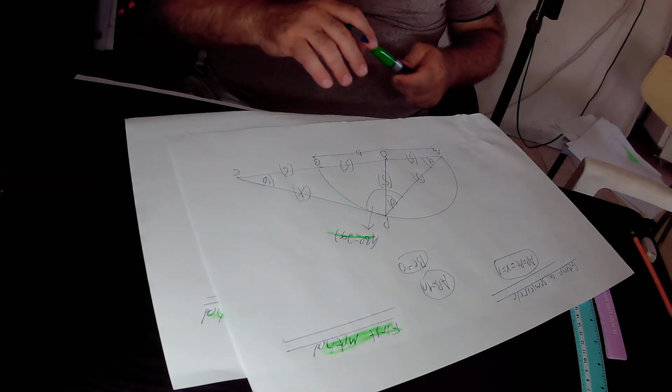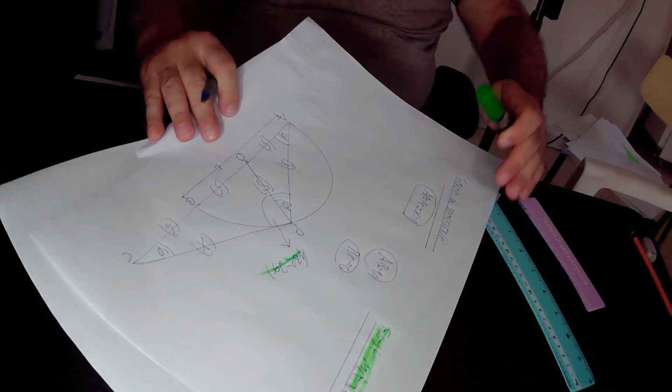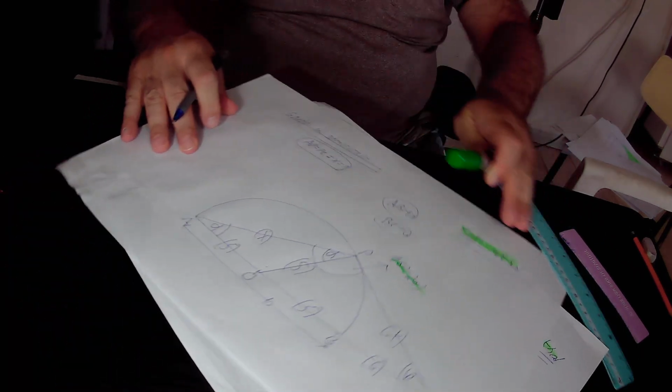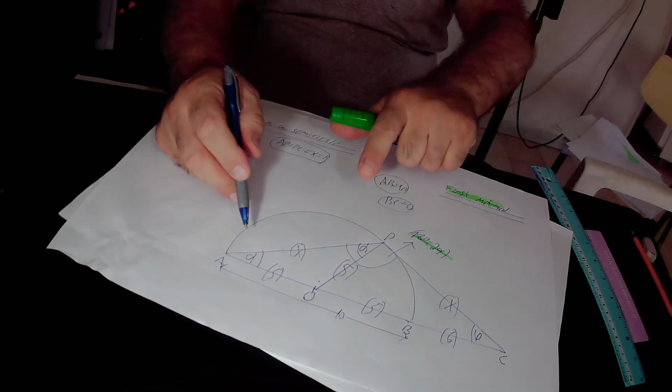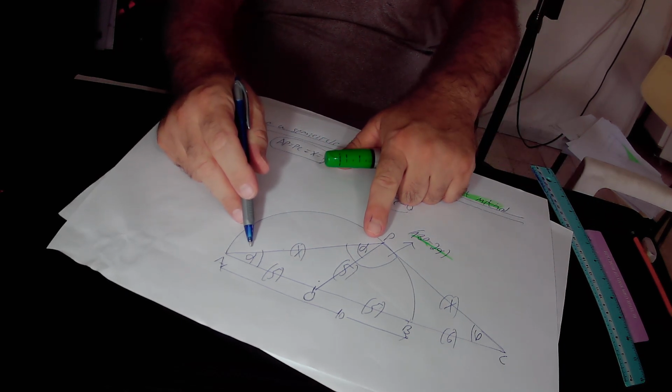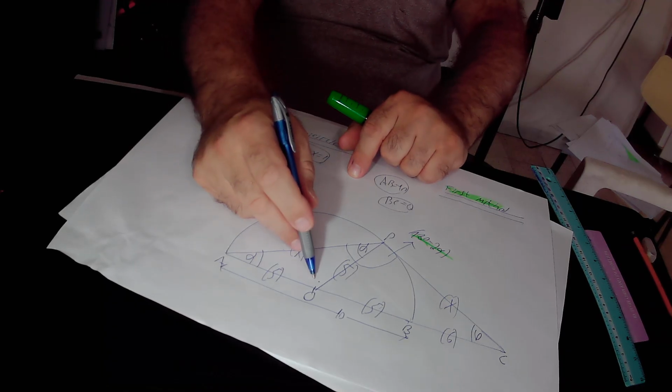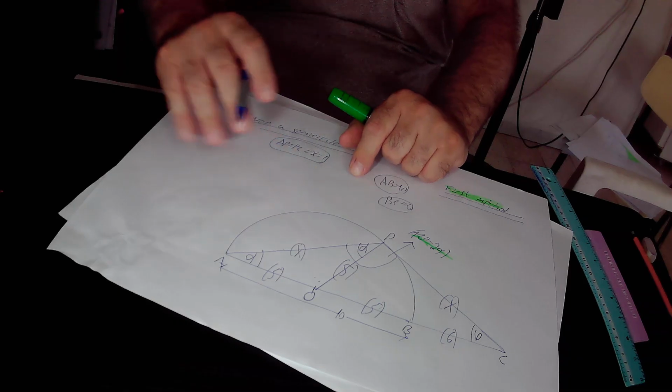Likewise, in the small isosceles triangle AOP, alpha plus alpha is 2 alpha, and therefore this third missing angle must be equal to 180 degrees minus 2 alpha according to the same rule.